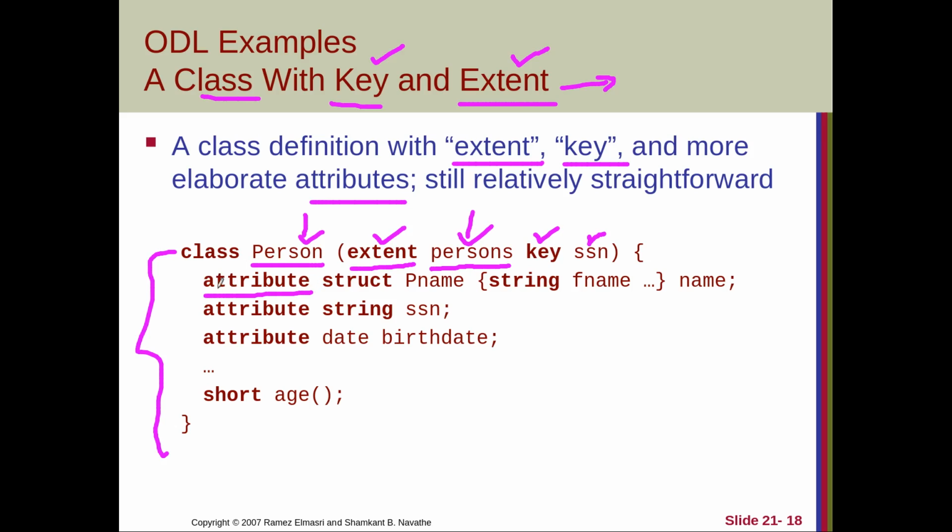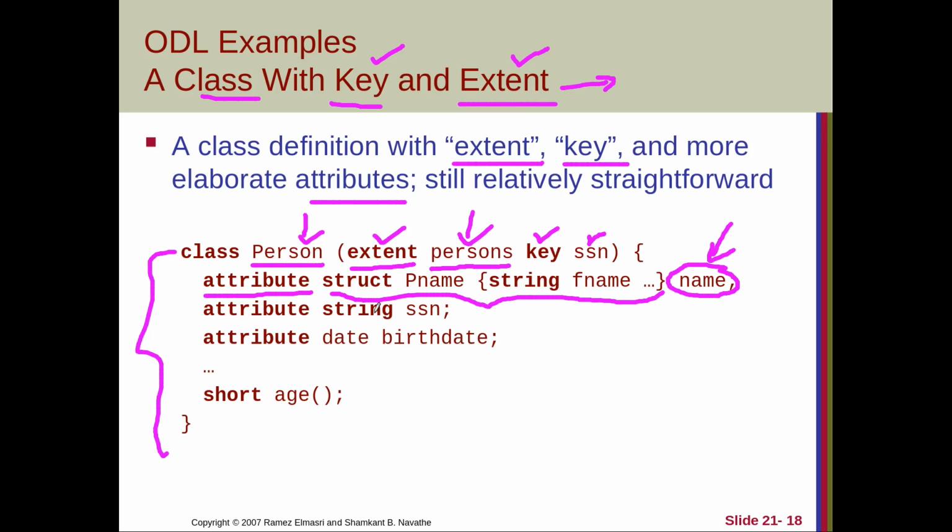The first part will be the attribute keyword, then we can have the data type, then we can have the attribute name. Now this is the attribute name, that is name, that you can see. But before that, under the data type, you can see that it is again given in a different format. The specialty of this name attribute is that it is again a structure type, or we can call it a complex type.